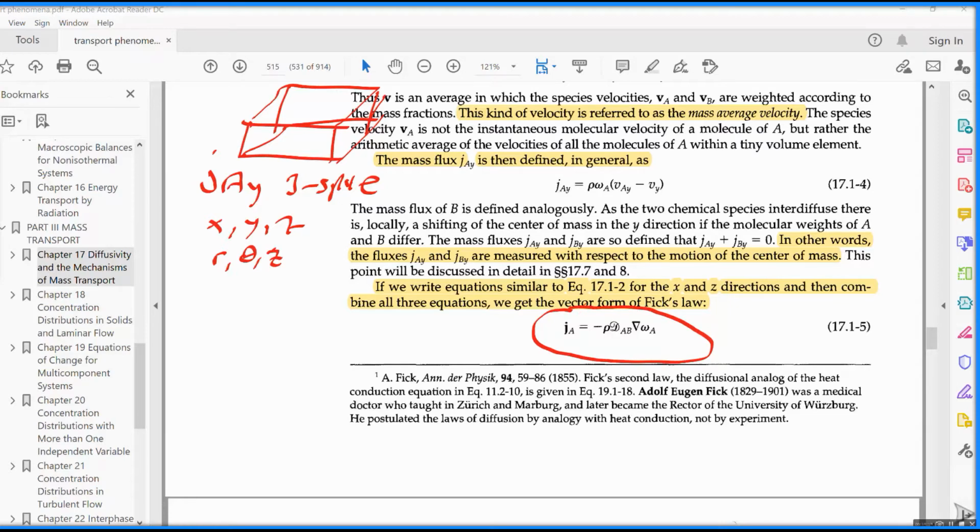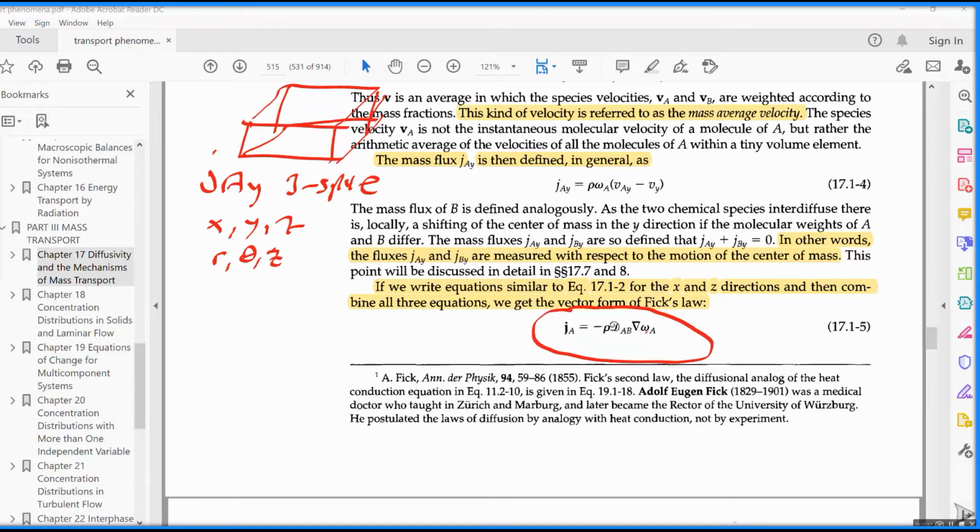That means Fick's law of the species A mass transport inside the control volume through three-dimensional space is given by rho multiplied by DAB, the diffusivity of A through B, and del WA.